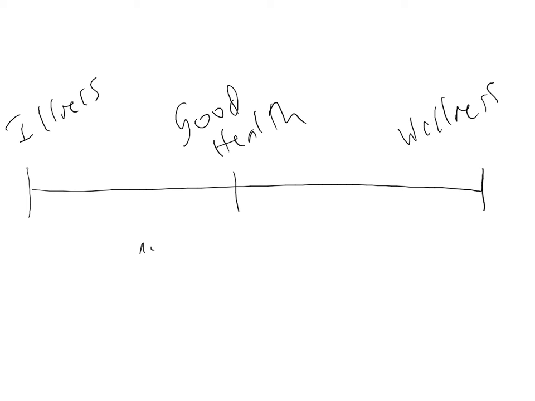Good health is no signs and symptoms of what? Disease. So just because I'm in good health doesn't mean that I don't necessarily have a disease. It might be the fact that they can't detect the disease through certain diagnostic procedures. So that's actually what the reality might be.